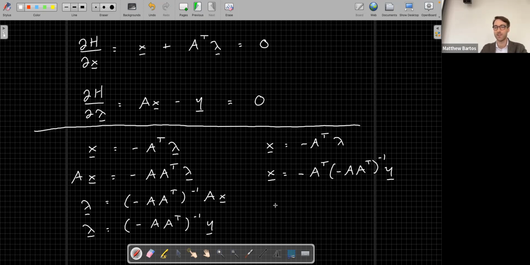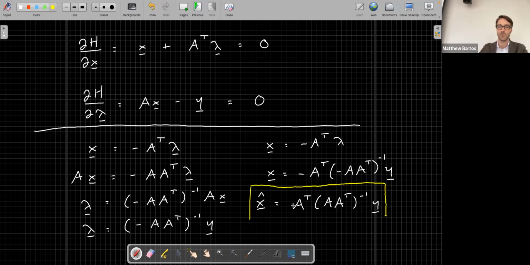Okay, and if we let these negatives cancel out, we end up with x hat, our optimal x, equal to A transpose (AA transpose) inverse times y. Okay, so note that this looks a little bit like the other one, right? This here is called the right pseudoinverse.